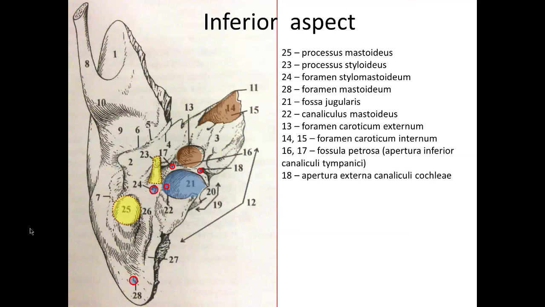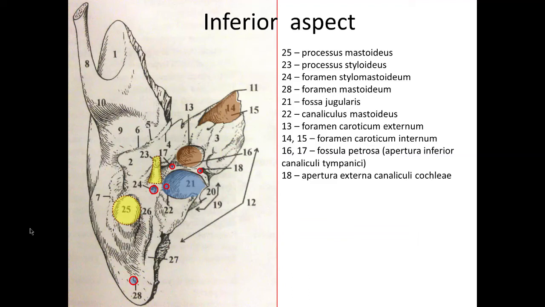Now, number 18, apertura externa canaliculi cochleae. It is designated here, but we already demonstrated it on the medial surface.